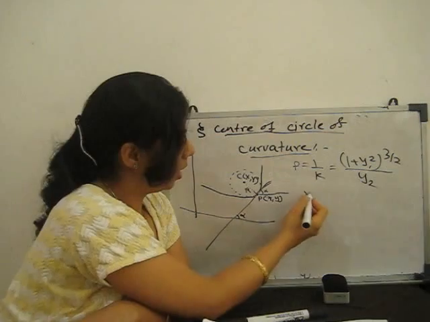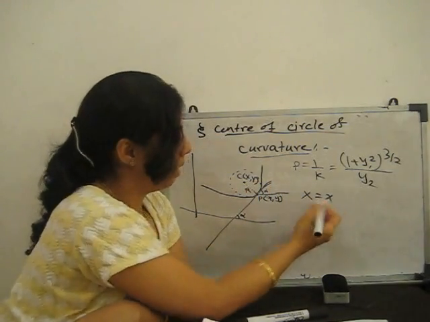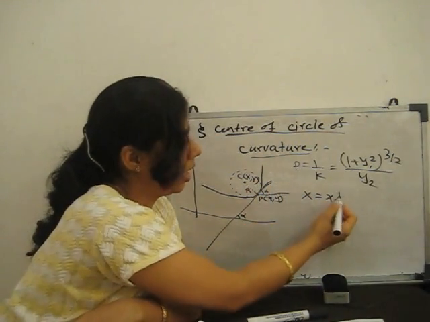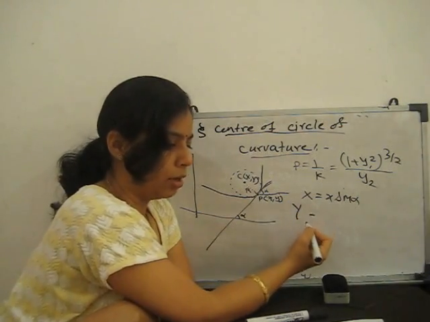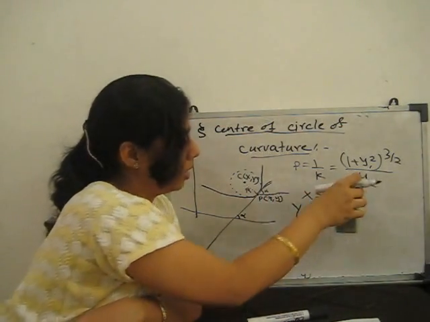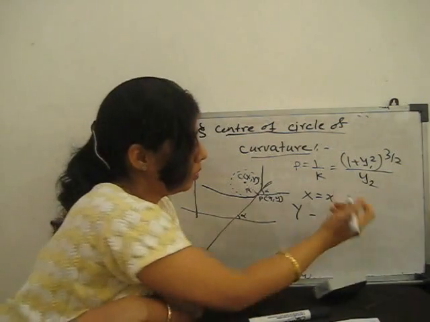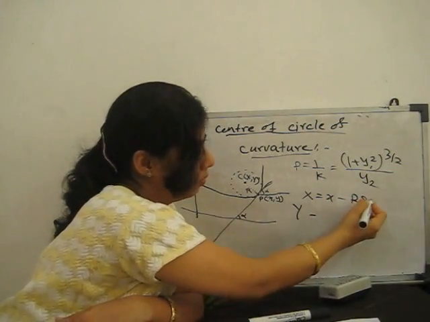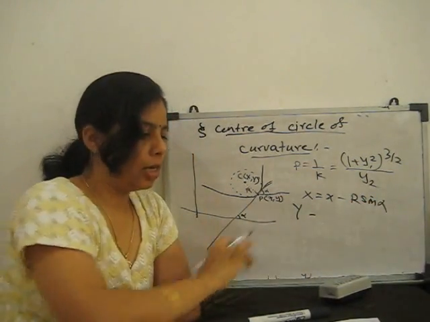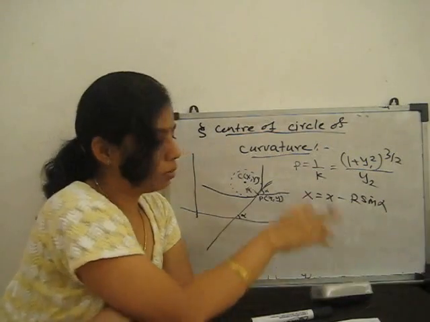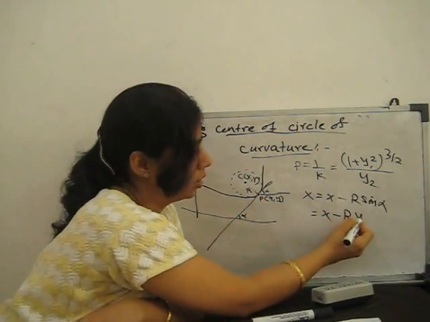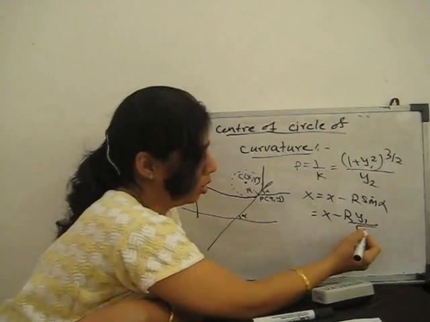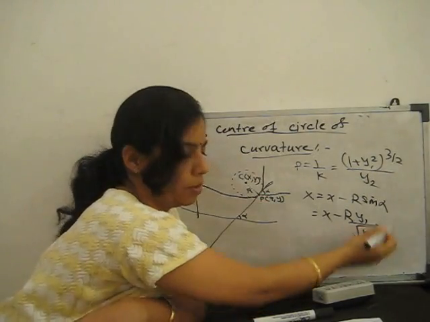Clear? Here, capital X is given by x minus r sine of alpha, and capital Y is given by y plus r cos alpha. So x minus r sine alpha is y1 upon under root 1 plus y1 square.